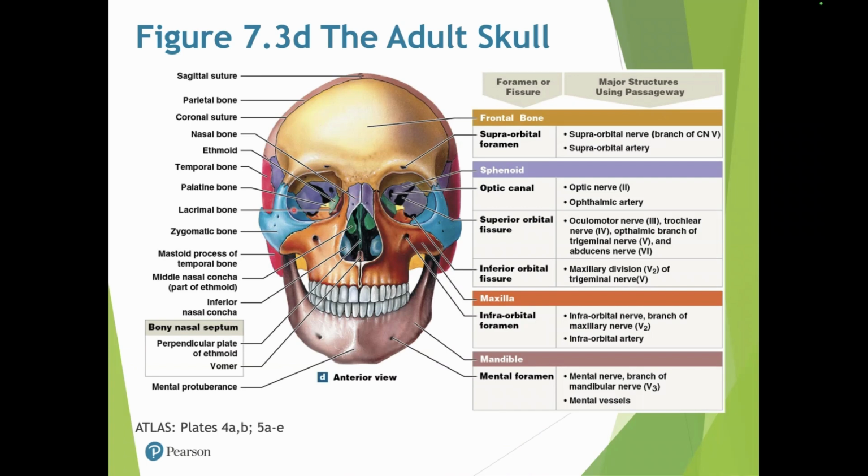Making up the eye socket, you can see the sphenoid bone is going to make up part of that. The ethmoid bone, your maxilla is going to make up part of that. You've got part of what is called the palatine bone, or palatine, however you want to say it. It's that little yellow one. And so all together, these are going to make up the eye socket.